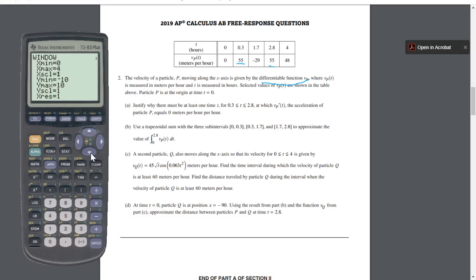I don't know the max value, but we want at least 60, so let's go to 100 as kind of a guess. Actually, before we do this, let's graph a second one at 60. Then we can see where it's above the line. That will be when it's at least 60.